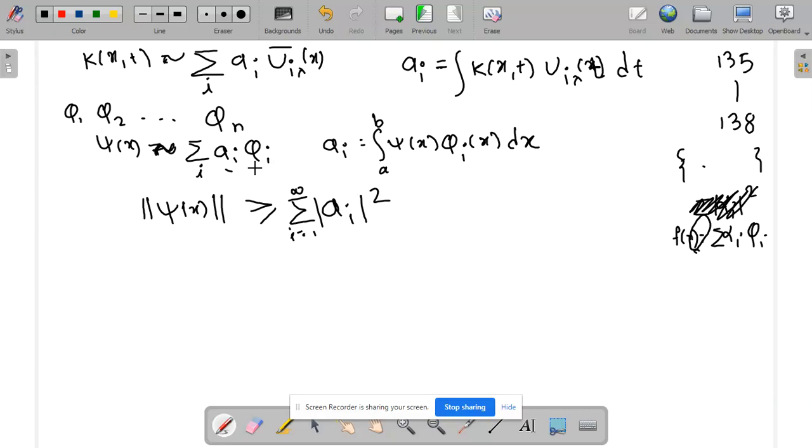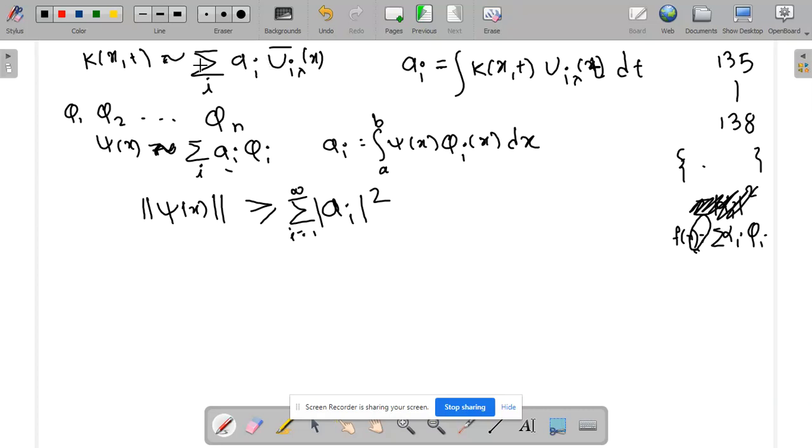So basically, whatever this coefficient is, the mod of that squared and its summation is less than or equal to, or this series is bounded by, the norm of ξ(x). So I will use this Bessel's inequality for this equation.